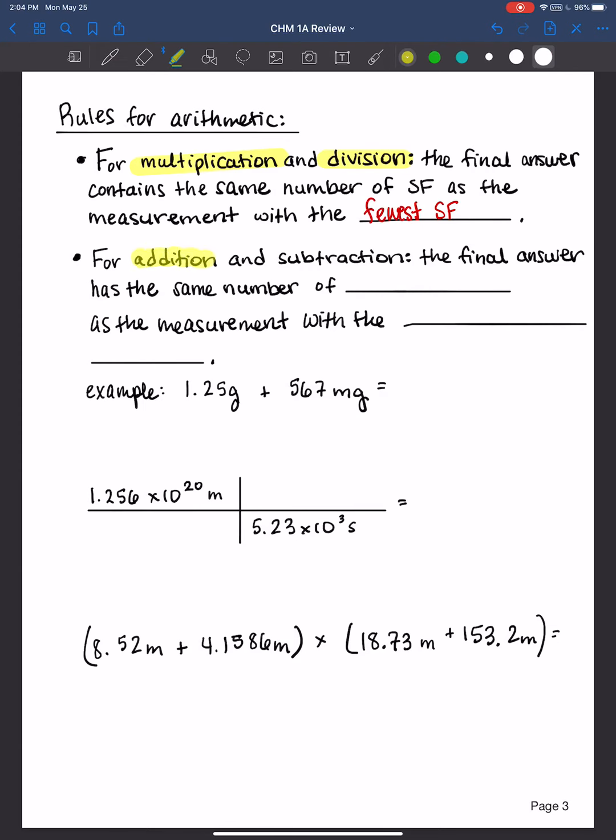For addition and subtraction, the final answer has the same number of decimal places as the measurement with the fewest decimal places.